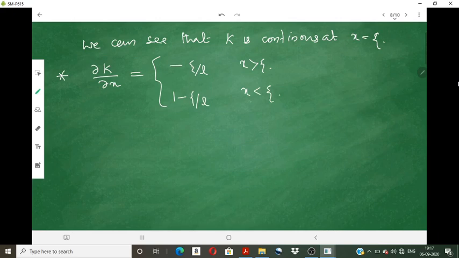That is, the left hand derivative is 1 minus theta by L, and the right hand derivative is minus theta by L. So at x equal to theta, dou k by dou x is not continuous; it is discontinuous.